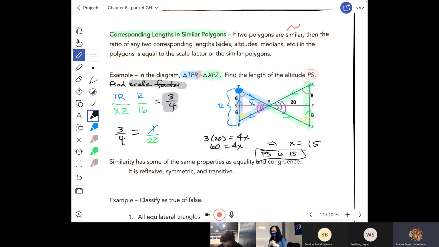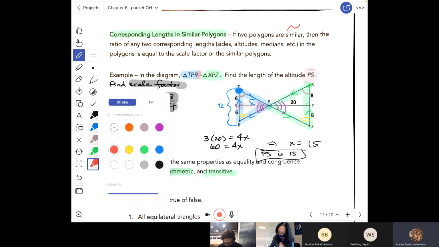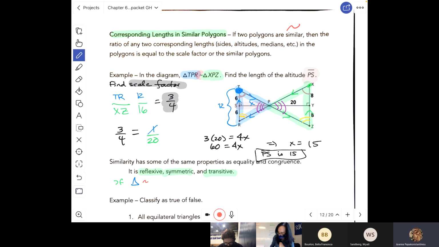Now, similarity has some of the same properties as equality and congruence. So what are those properties that it shares? It's reflexive, it's symmetric, it's transitive. So what do I mean by all that? Well, I could say I have a triangle that is similar to another triangle, and I'm just going to use symbols because that's where we're going with this.